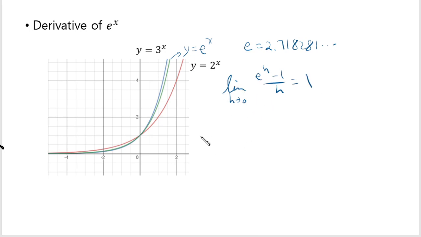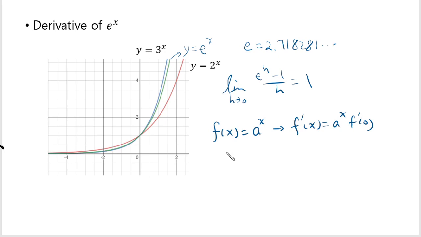And with this, because we had all kinds of derivative formulas that said if you had f of x equals some a to the power of x, f prime of x is a to the x times f prime of 0, right?